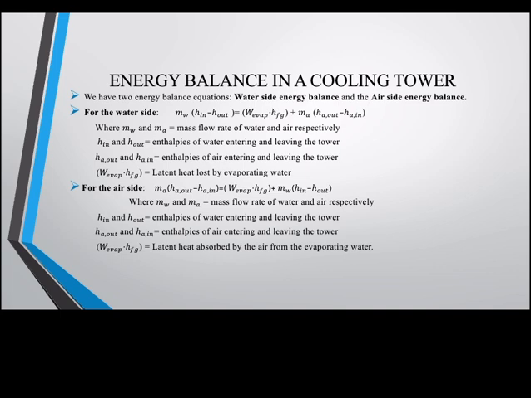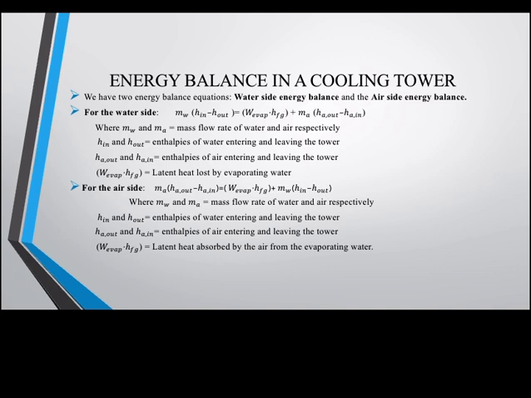And for the air side, we have MA (HA out minus HA in) equals W evaporate times HFG plus MW (H in minus H out), where MW and MA are again the mass flow rates of water and air respectively.